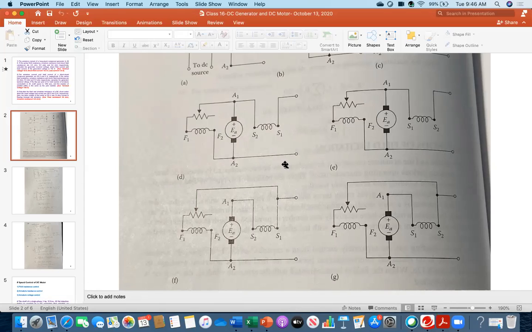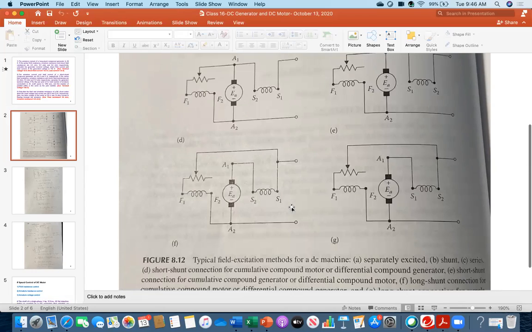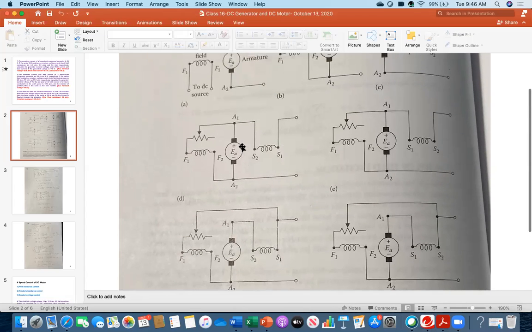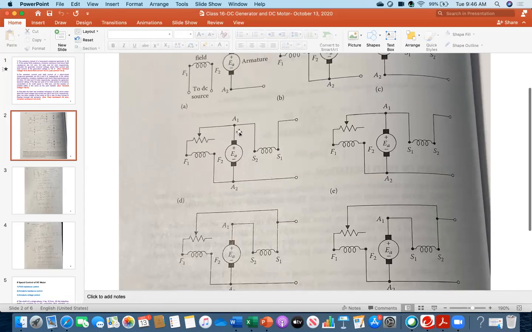Is everybody hearing me? Yeah, we can hear you. So what I said is that for figure D, one thing is missing here. This picture is taken from the book, figure number 8.12, but the armature resistance is missing in the diagram. It should be between point A1 and the top brush.